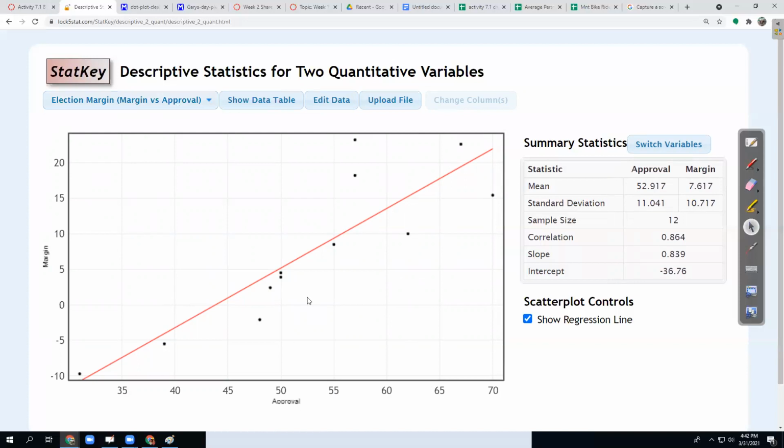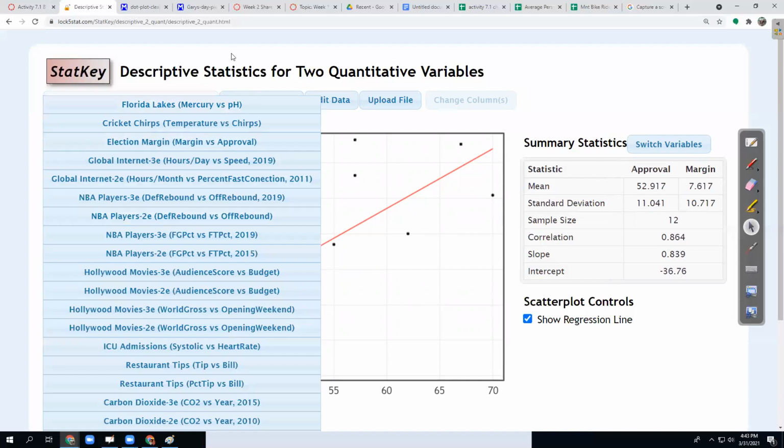So if a president has a high approval rating, are they likely to win the election and have a positive margin, a margin difference between the votes they got and their opponent? Notice 0 is right here in the middle. So a low approval rating, under 50, they are in the negative margin, which means they lost the election. If their approval rating was above 50%, then they had a positive margin, meaning they won the election.